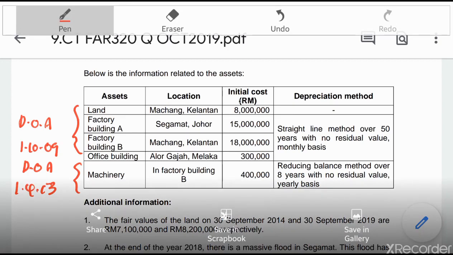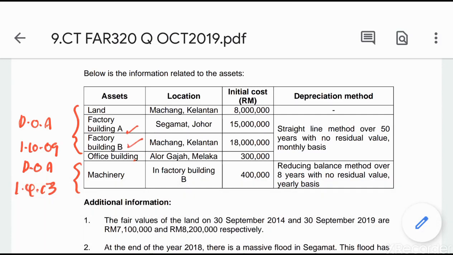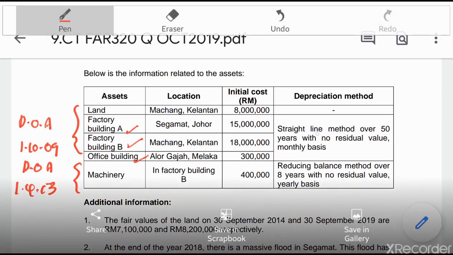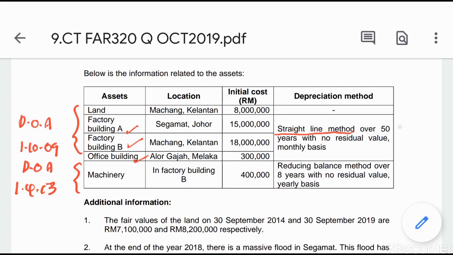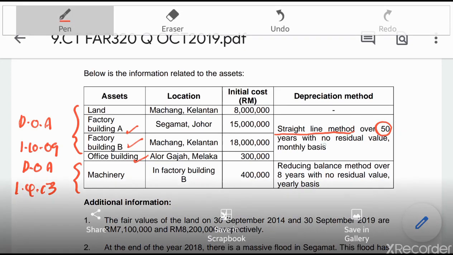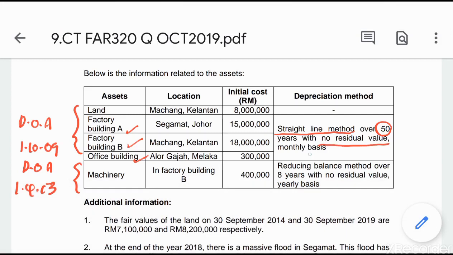Okay, for the building and office building, they are depreciated using the straight line method with a remaining useful life of 50 years, no residual value, but using a monthly basis.